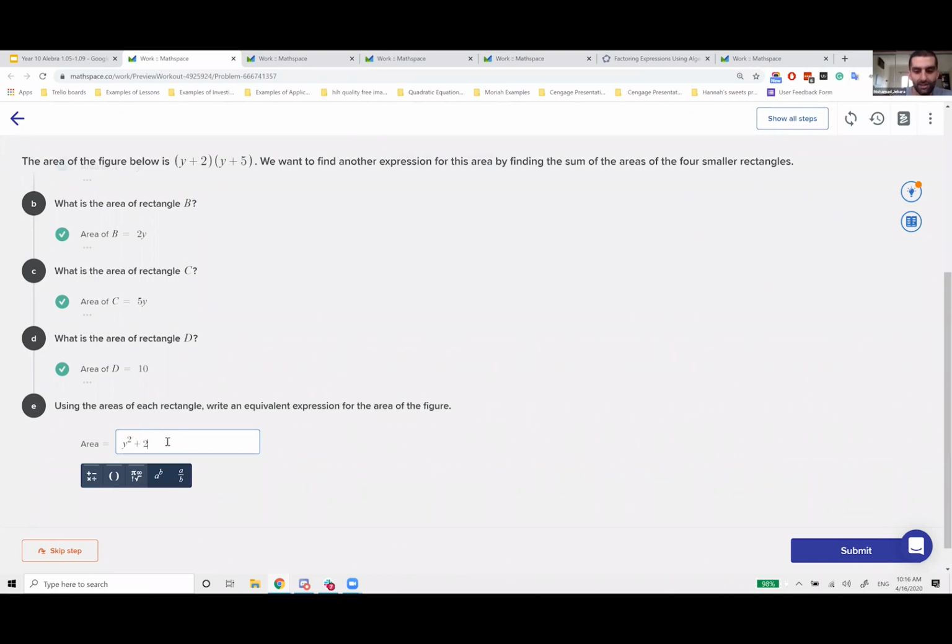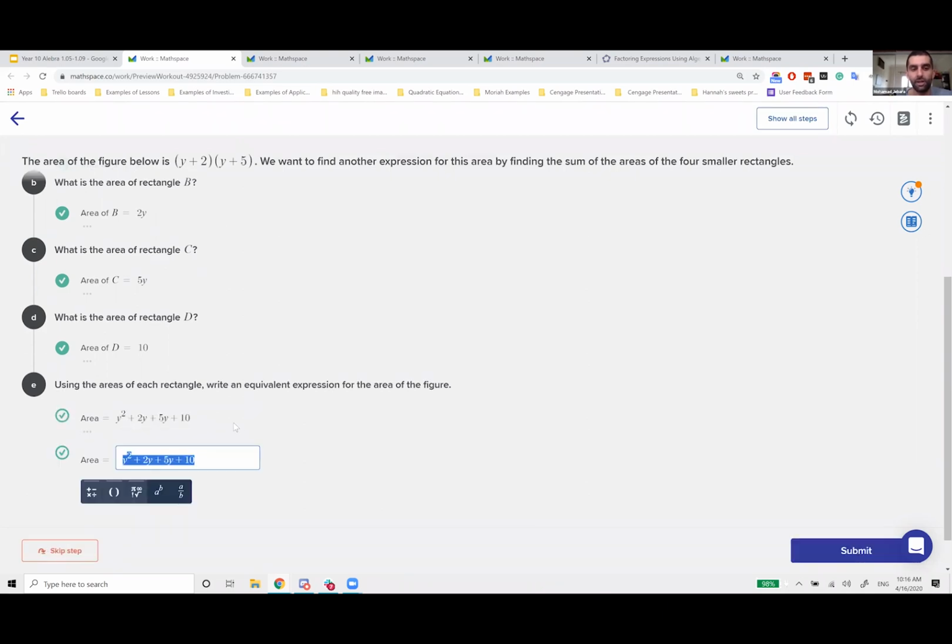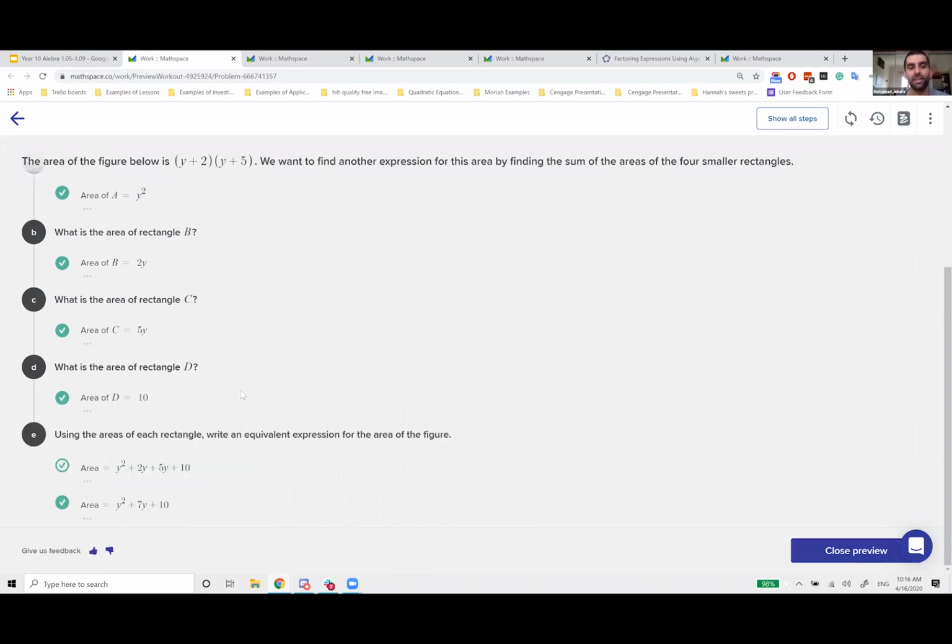So we found that y plus 2 multiplied by y plus 5 is exactly the same as y squared plus 2y plus 5y plus 10. And then, of course, we can simplify the plus 2y plus 5y, because they're like terms, which we talked about last week, so we can add that up.